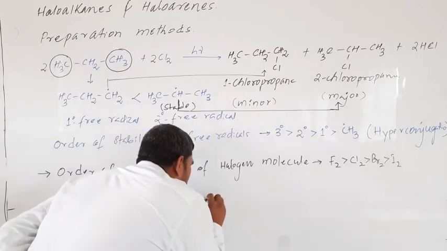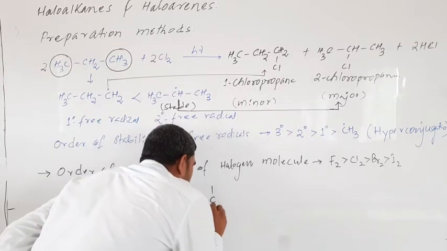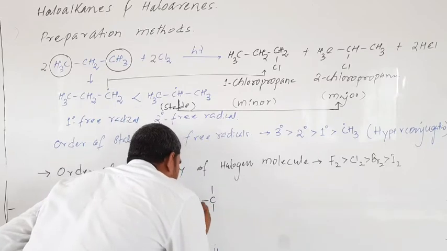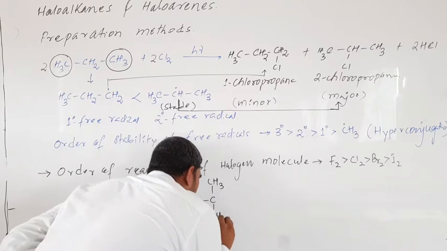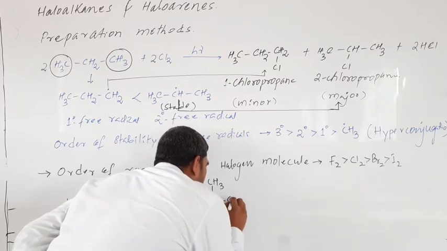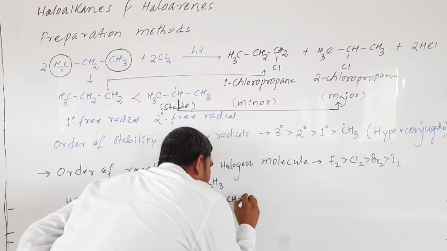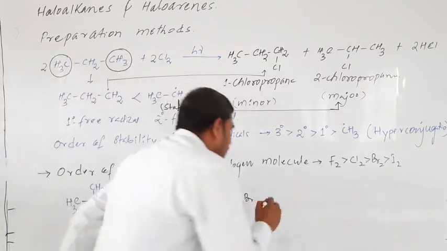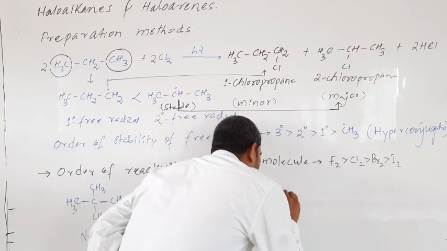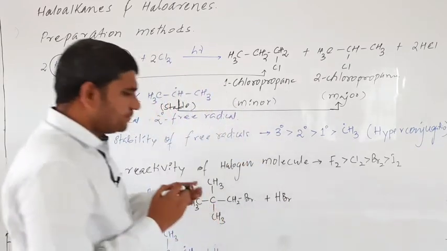Therefore, over here only 1 product is formed. What is that? CH2Br. The byproduct, you know already, is HBr.